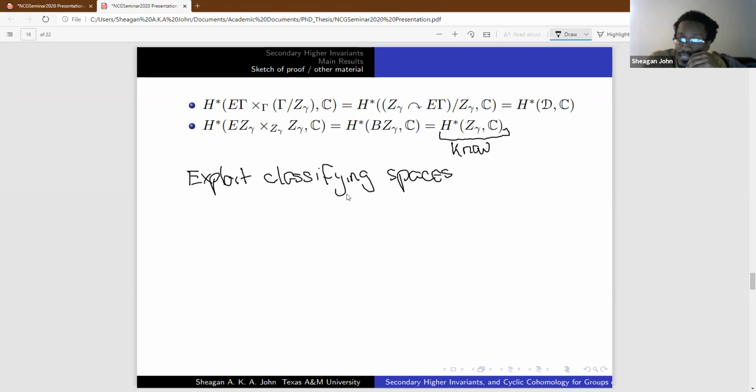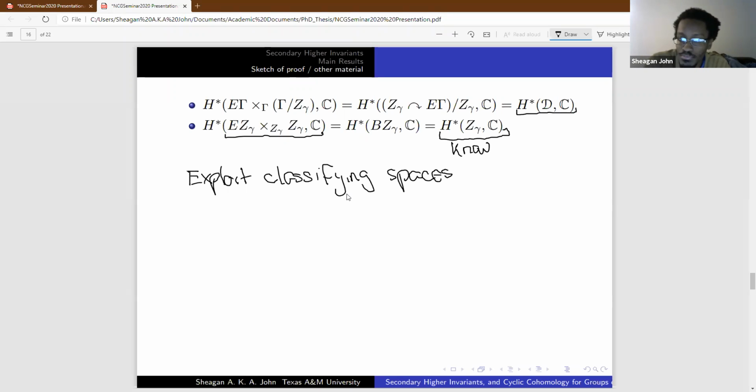And then we can write it in terms of a certain balanced product involving our total space. And the nice thing about this is that we can do the same thing for this group here. Write it in terms of a total space depending on gamma and Z gamma.